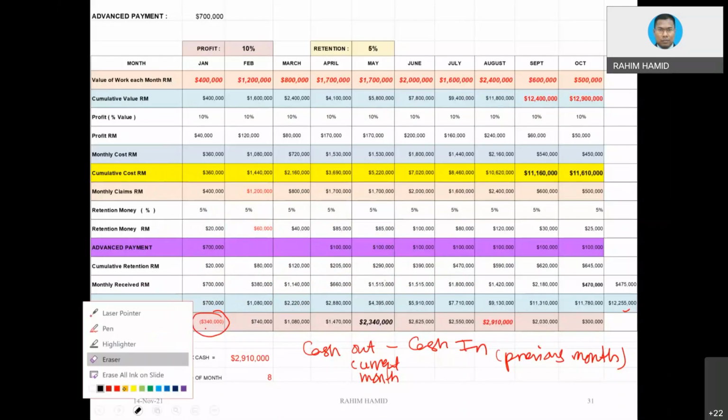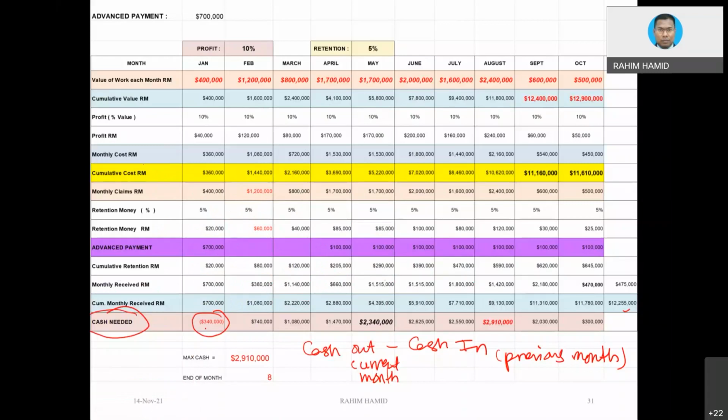The good thing is that once we zoom in on the right column, this is what we call cash out, the net cash out. Normally the cash out is very simple. For the cumulative cost, we do not take into account many things, just very straightforward. But the difficult one is the cumulative monthly payment received, what we call cash in.